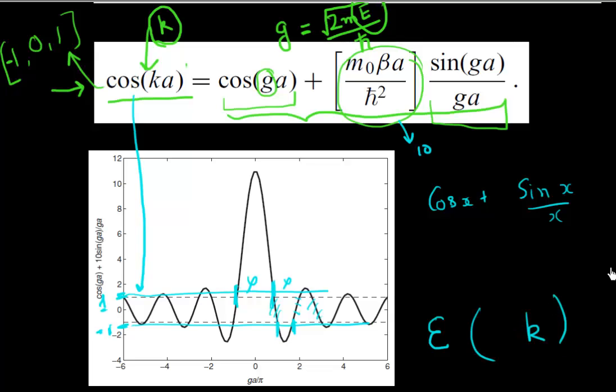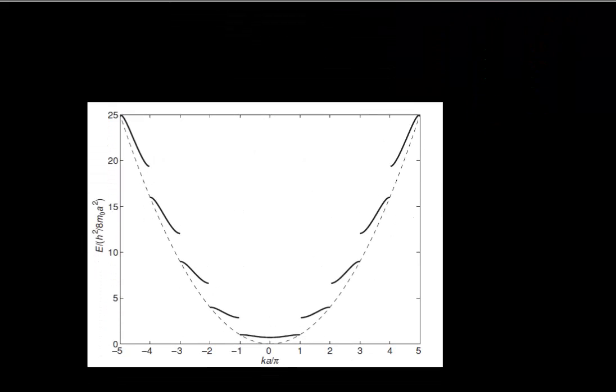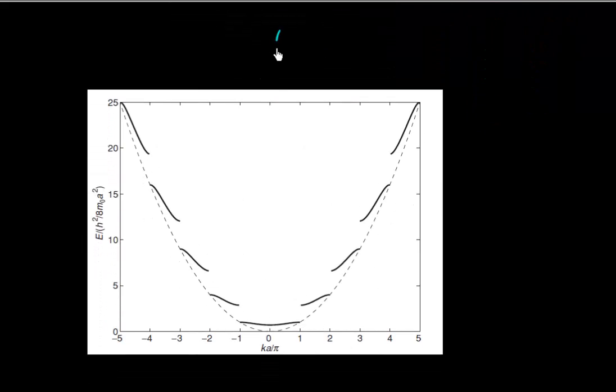So if I look back again and replot that function as the energies which are allowed for a given value of k, we see that for this value of k over here, I'm allowed these set of energies, but if my k is between this and this value, then I'm allowed these set of energies. And what I clearly see is that I get these forbidden regions, or these forbidden energy levels which I am not allowed.